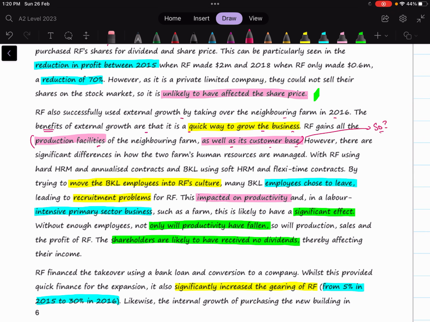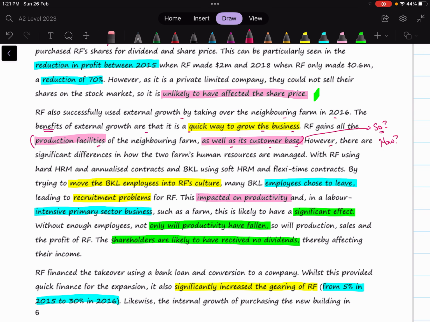So this brings me to the question, why is this a benefit in the first place? How will it become a benefit? The candidate could have evaluated this line of argument as well. But the candidate chose not to and directly moved to the other side, and those are the drawbacks.